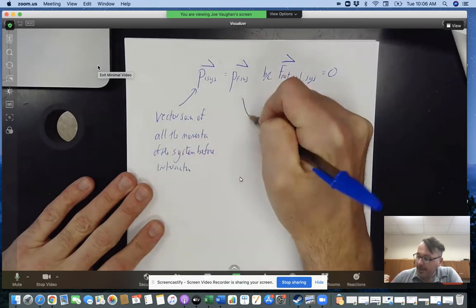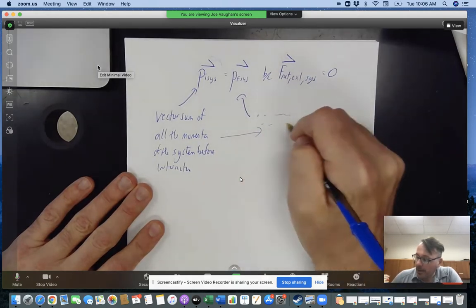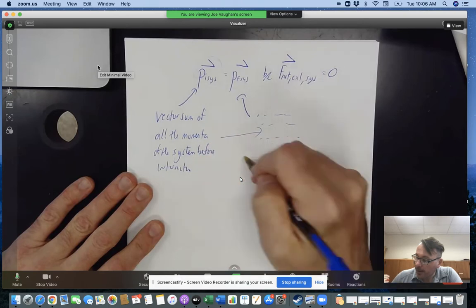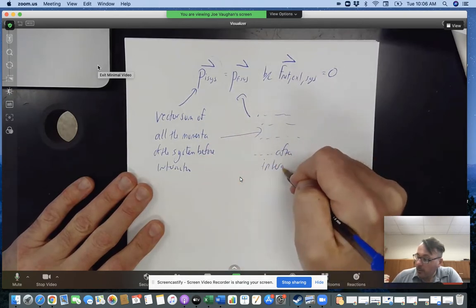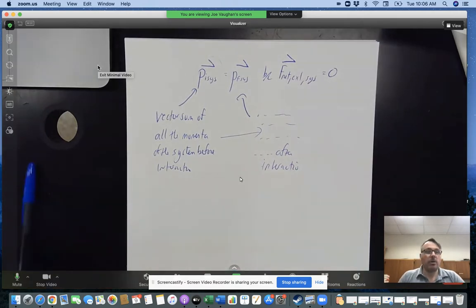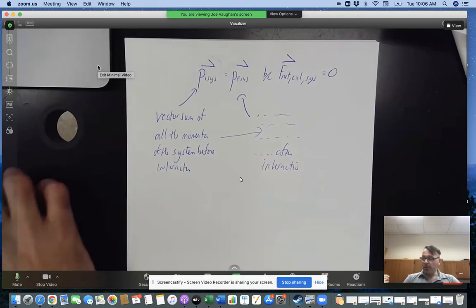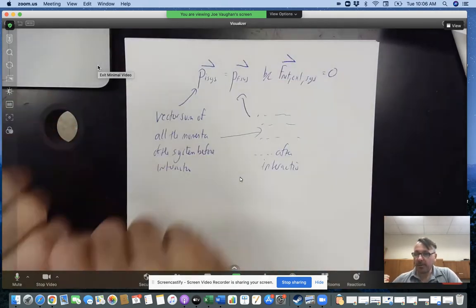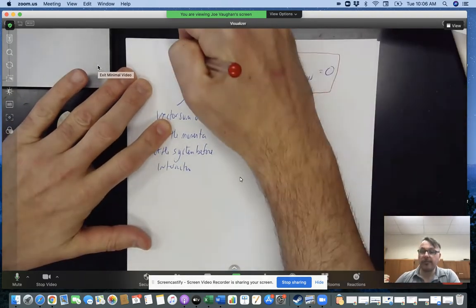And then PF is once again the vector sum of all the momenta of the system after the interaction. So really what we have to talk about is there are three main types of interactions which will then affect how we set this up. But no matter what, this is going to be the first thing that we're going to write down as a premise for doing these problems.